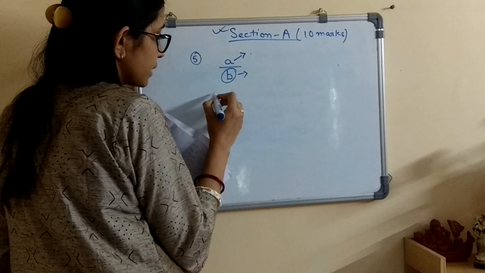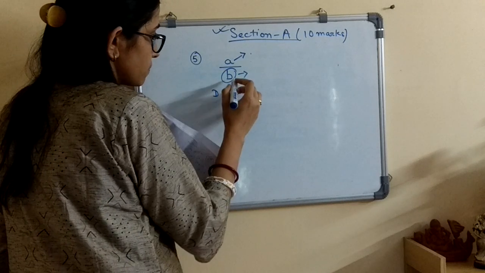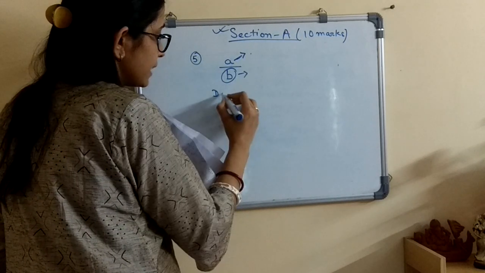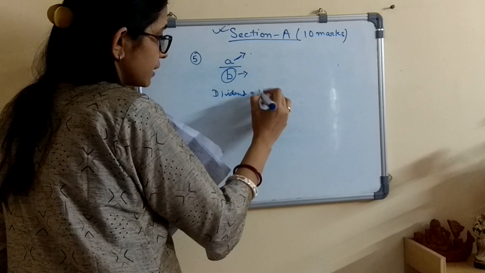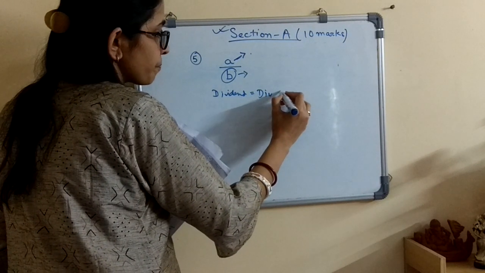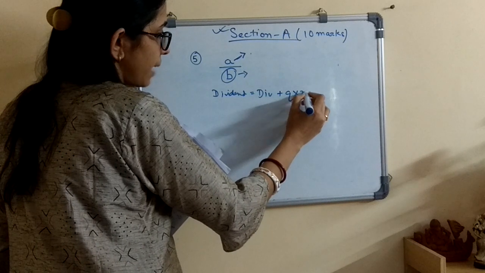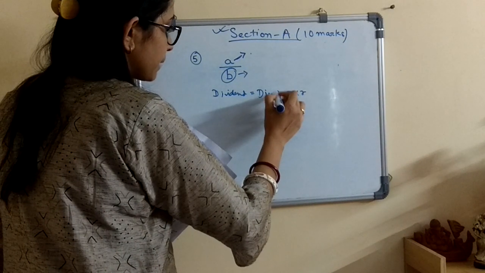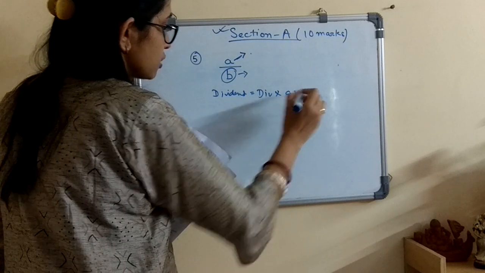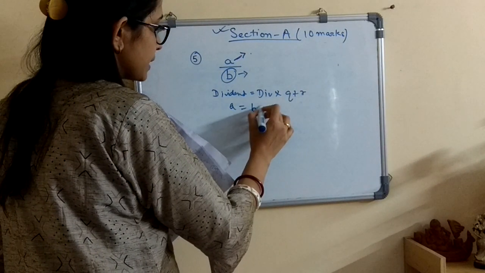So we always know that dividend equals divisor multiply quotient plus remainder. So here it is A equals BQ plus R.